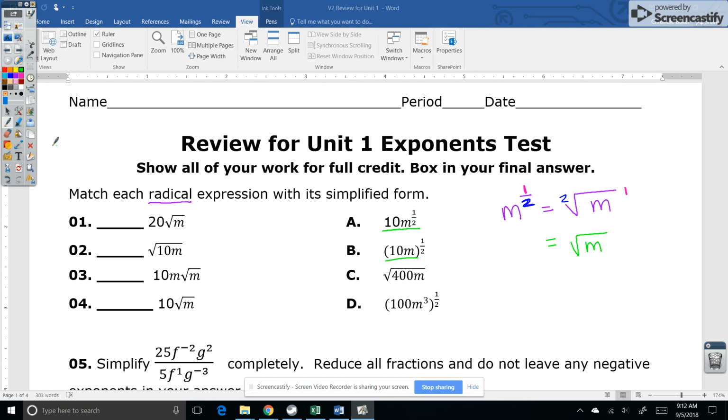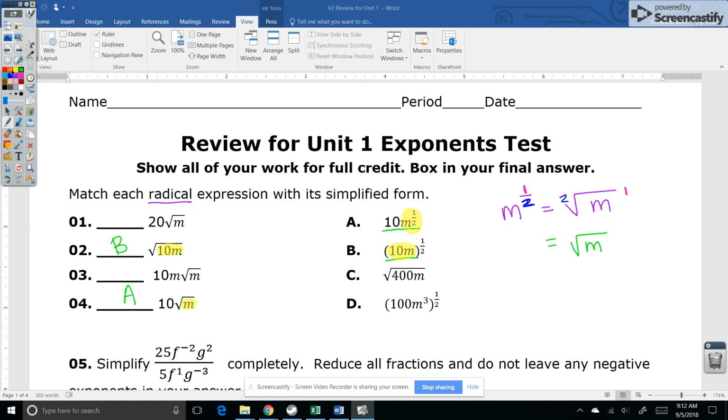In A, only the m is being raised to a power of 1/2. Only the m is going to be under the radical, so that would match with 4. In part B, 10 and m are underneath the radical, so that would be matched with number 2.